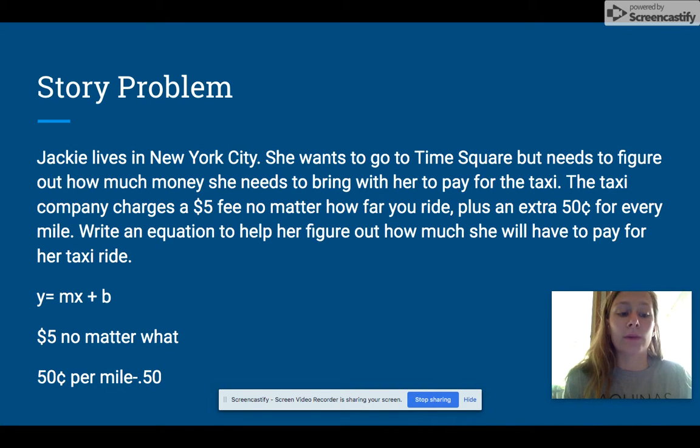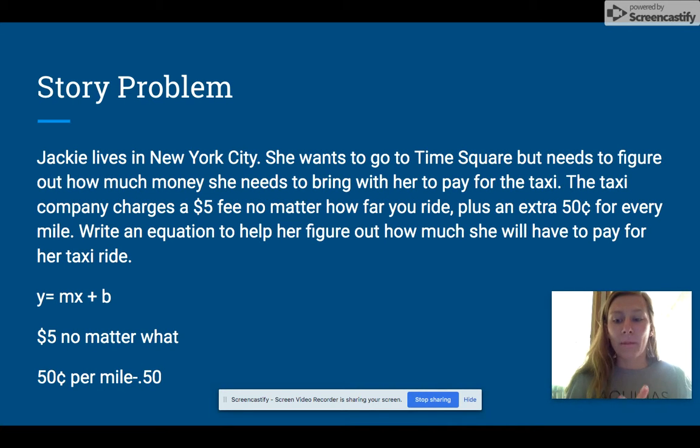Using the y equals mx plus b form, I know that the total cost is the dependent variable because she has to figure out how much she'll have to pay depending on how many miles she rides. So let's say she rides 2 miles, then 0.5 times 2 is $1.